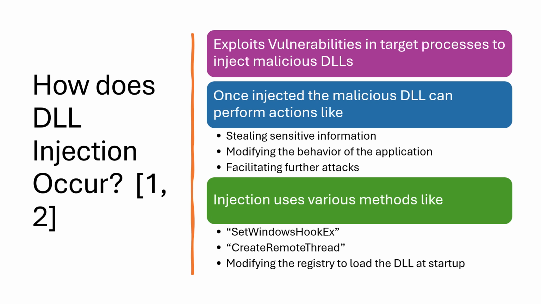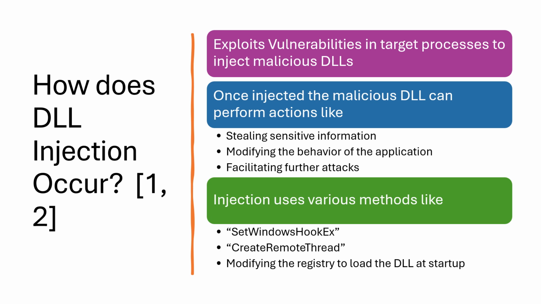A DLL injection involves multiple steps like process targeting, which is when the attacker selects a process to inject the DLL into. DLL path specification, which is when the path of the DLL to be injected is specified or crafted.